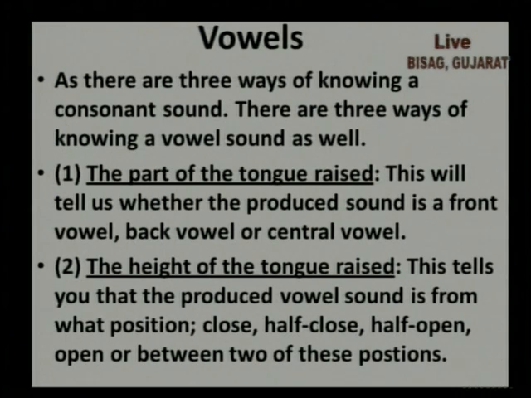Again, as we have 3 ways of knowing a consonant sound, similarly we have 3 ways of knowing a vowel sound. But before that, I would like to tell you the 4 characteristics of a vowel sound, which is very important. Those sounds are always oral. They are voiced sounds, and the tip of the tongue is held low and some other part is raised, and they are produced with free flow of air.